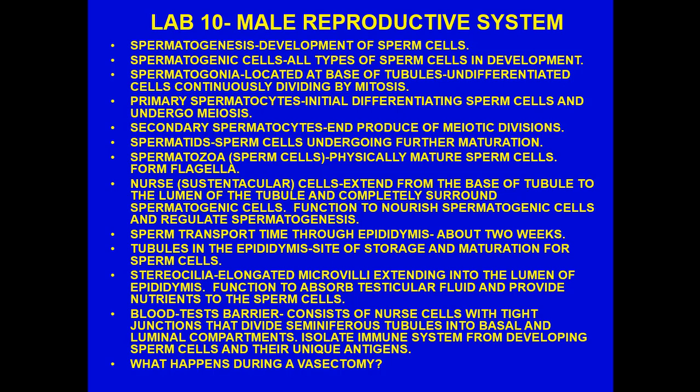They're not really cilia per se, but they're elongated microvilli. Extending into the lumen of the epididymis, they function to absorb testicular fluid and provide nutrients to sperm cells. So they basically nurse along or manage the sperm cells as they're there.